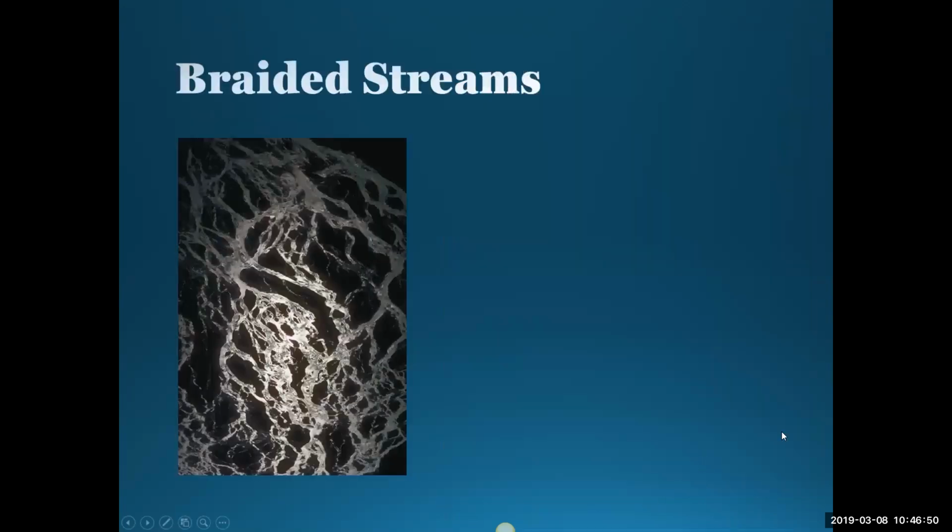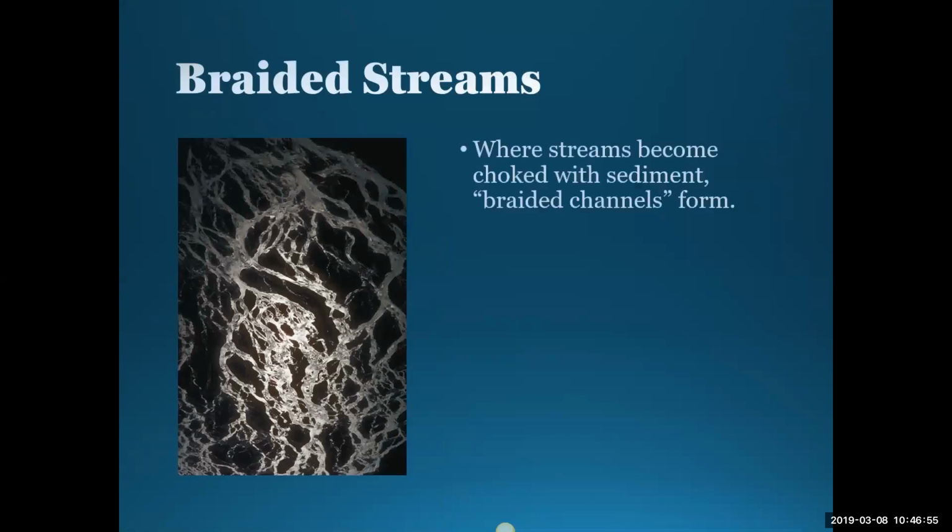The other type of river system was a braided stream. They form when streams become choked with sediment. And so they form, like I showed you, right where the topography gets flat.